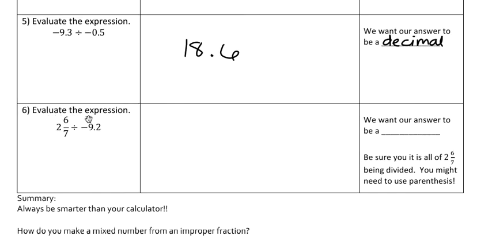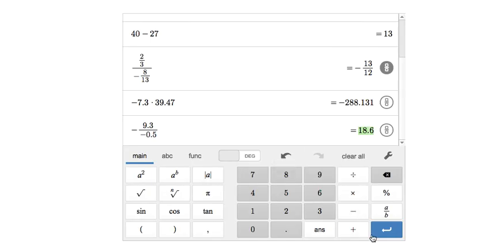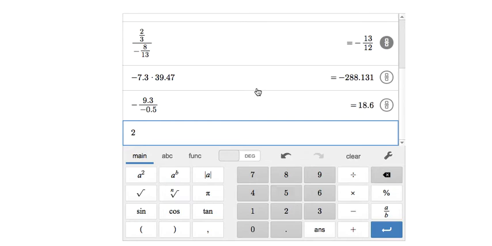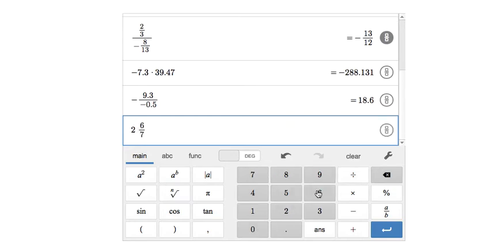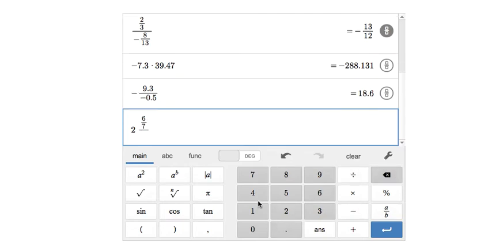All right, next one, evaluate the expression. So we have a fraction and a decimal. If I have a fraction and a decimal, I'm going to want my answer to still be a decimal. What's really important though is that if we're using our calculator, be sure that all of 2 6/7 is being divided. We might need to use parentheses. If I use that dividing by, it does just the 6/7.